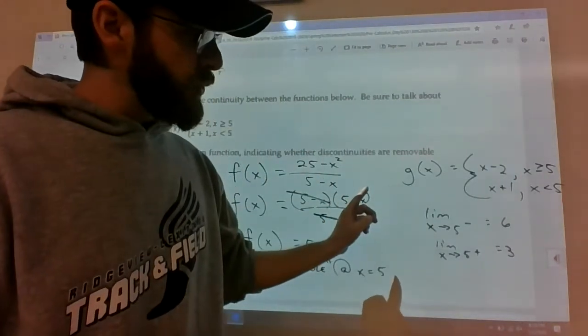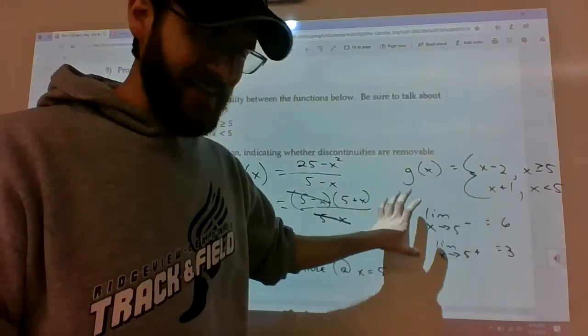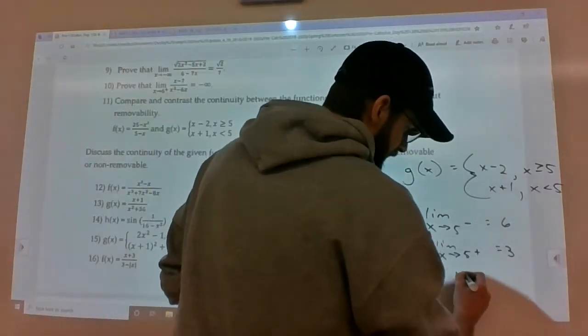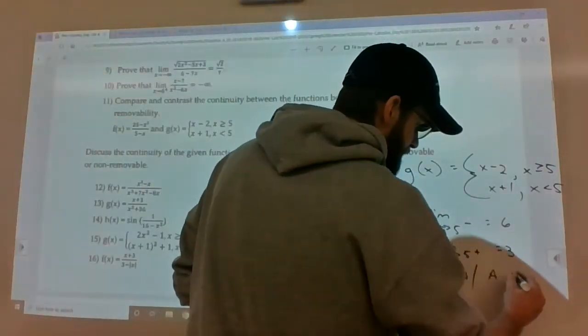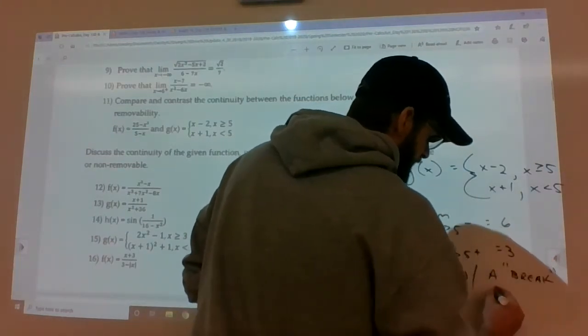This would be a situation where this limit does not exist. This has a break at x equals 5.